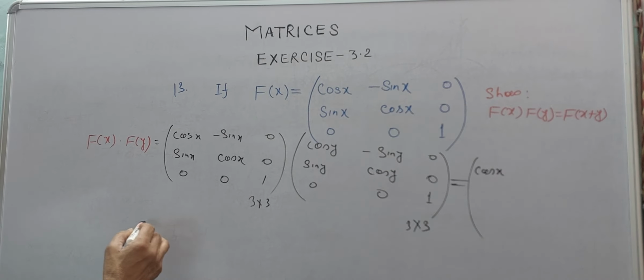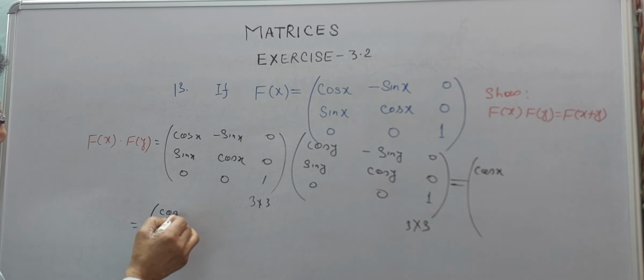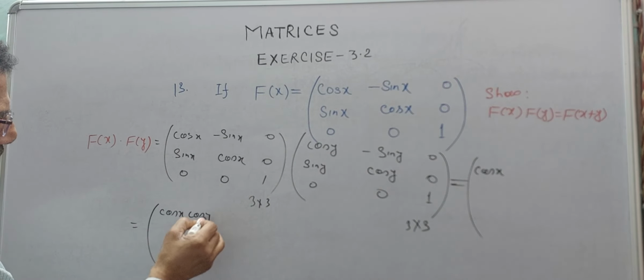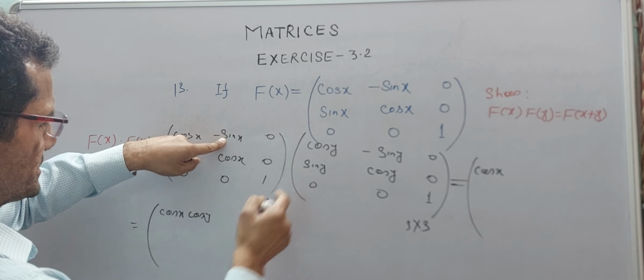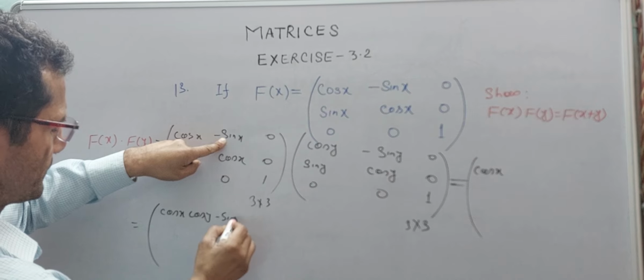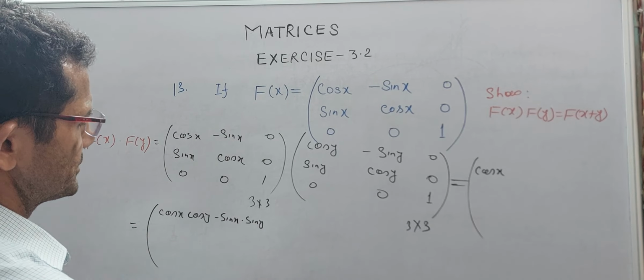We take these entries here, cos x into cos y, cos x, this into this, and minus sin x, sin y, this into this becomes 0.